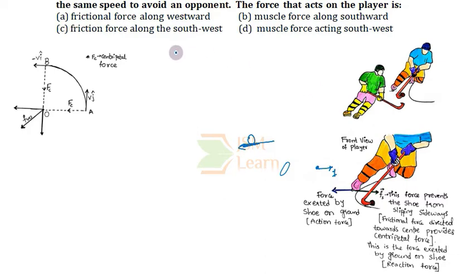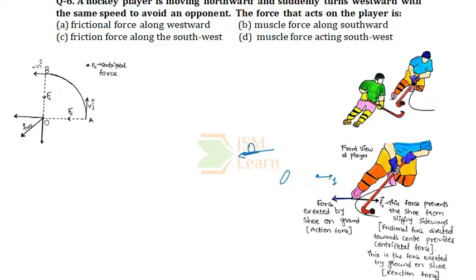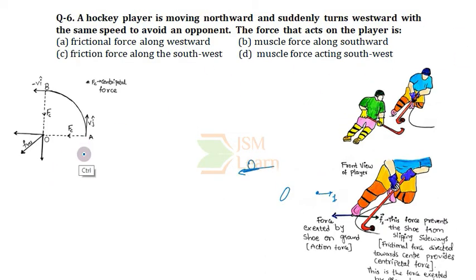Now they are also asking us the direction. When he took the sudden turn, the frictional force between his shoes and the ground was directed towards the center of the curvature.